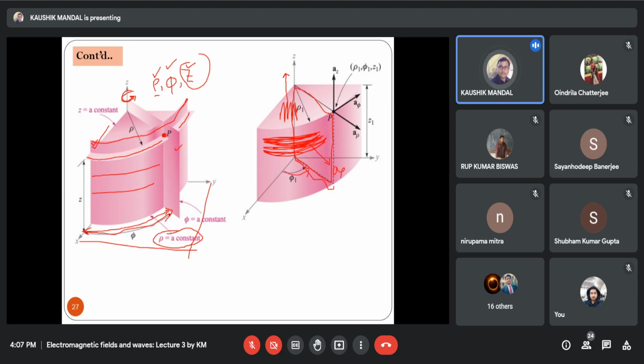So on this particular plane, phi is constant. To find the unit vector for this plane, you have to draw a perpendicular or normal to this plane. This is nothing but a phi. In that way, you can easily find the normal vectors for three different planes: a rho, a phi, a z.